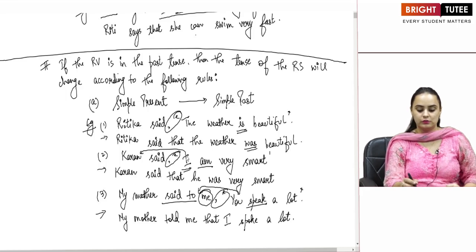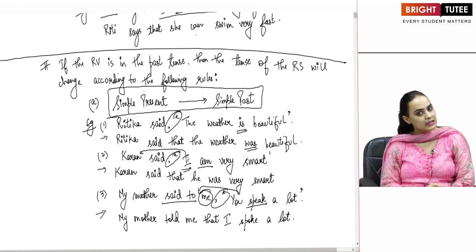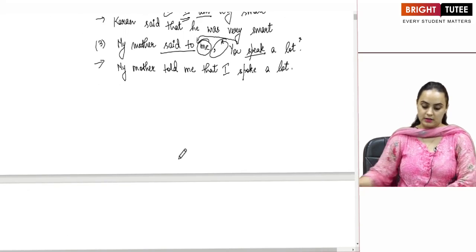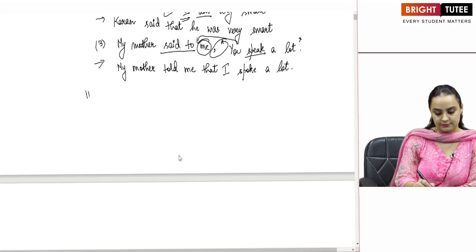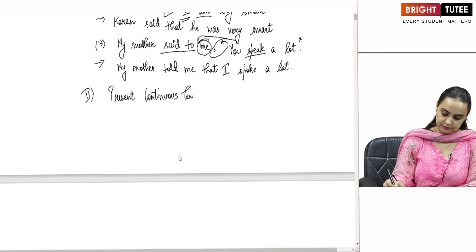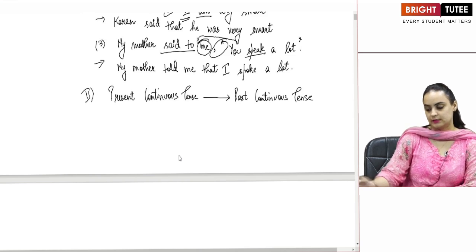The first rule is whenever in a sentence we have simple present tense, it changes to simple past tense. Second case, when we have present continuous tense, it changes to past continuous tense.